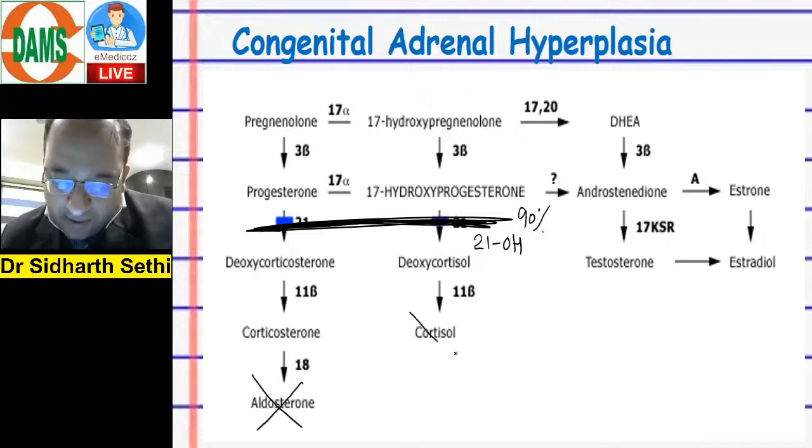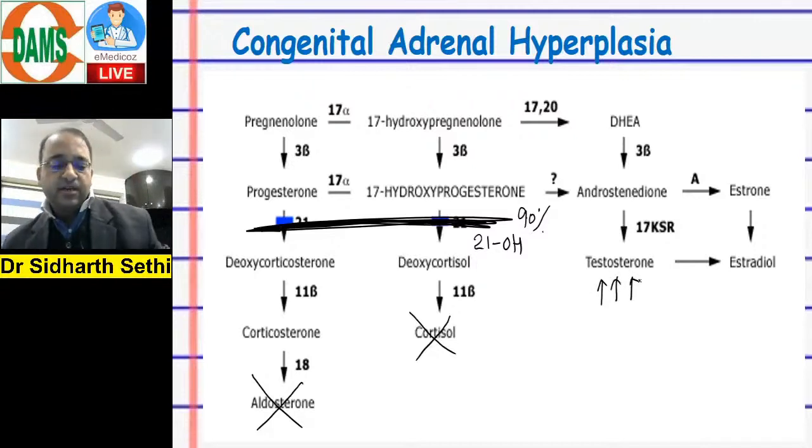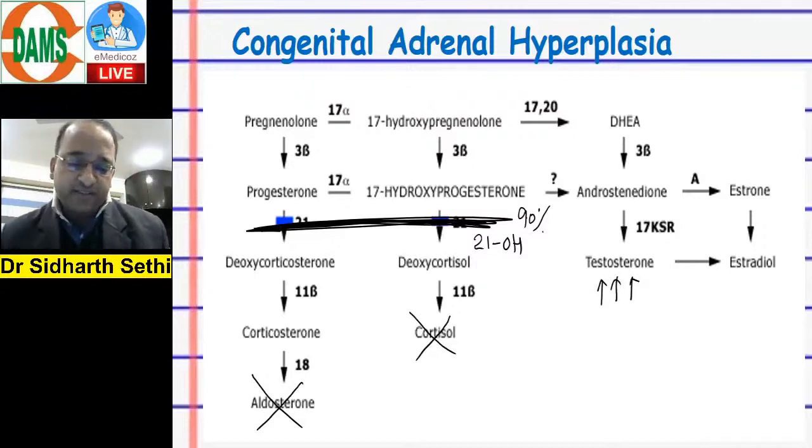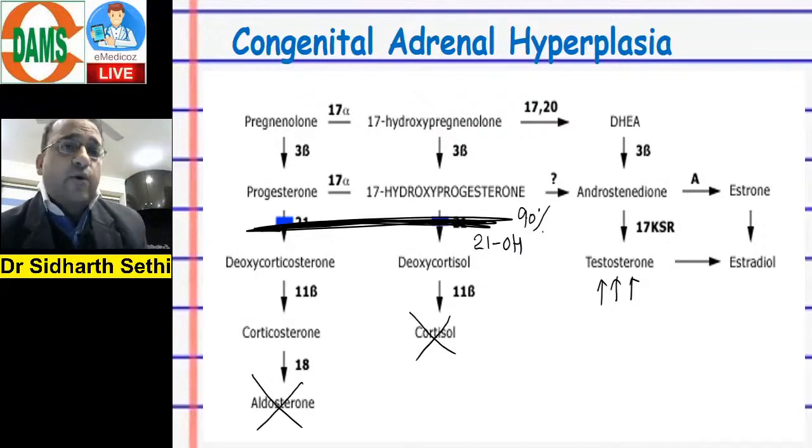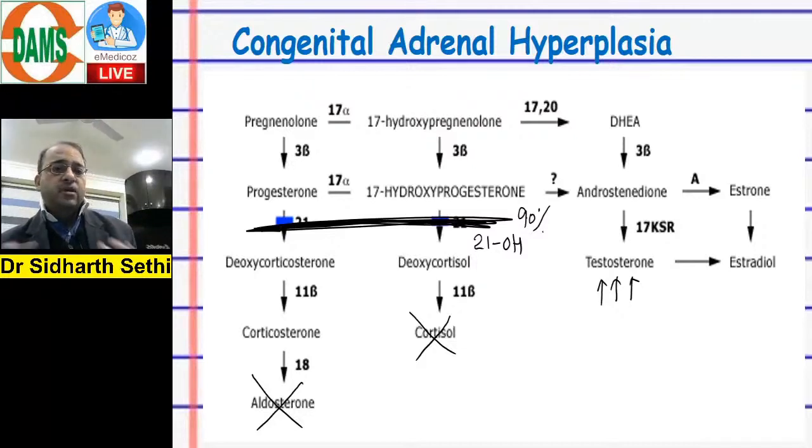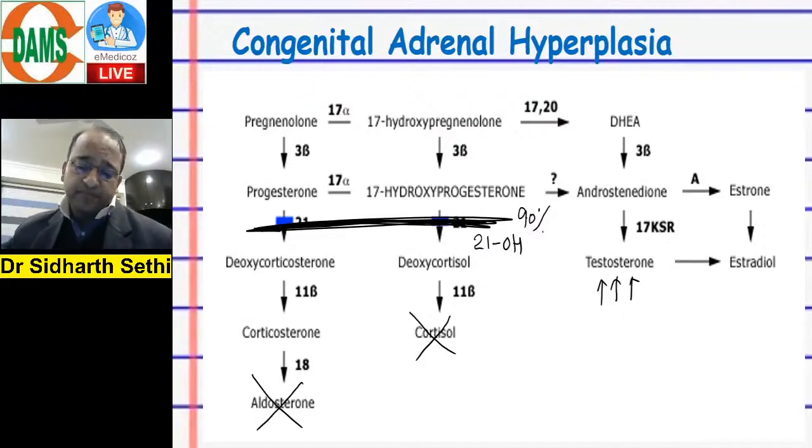So 90% of CAH is deficiency of enzyme 21 hydroxylase. Aldosterone is not there, cortisol is not there, and there is excess of testosterone.